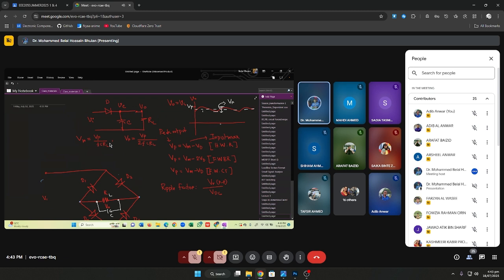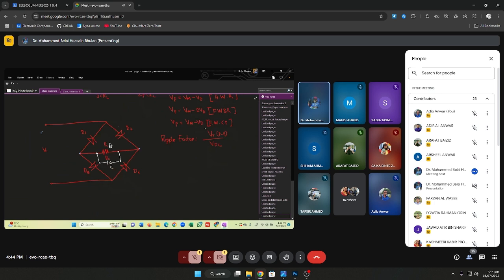That is our VDC. We found that VDC is VP, the peak output, minus VR divided by 2. So we know VR, we know VDC, and we can determine the ripple factor.